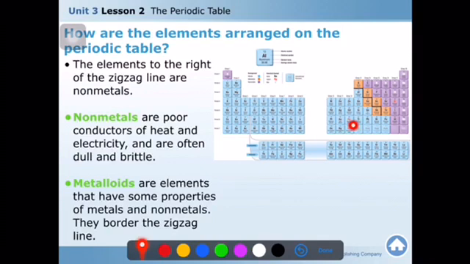It is even liquid at room temperature, mostly liquid at most temperatures, and that's why it is considered a metalloid.